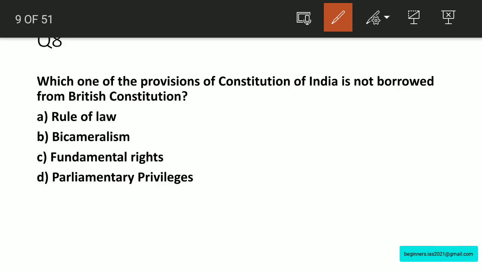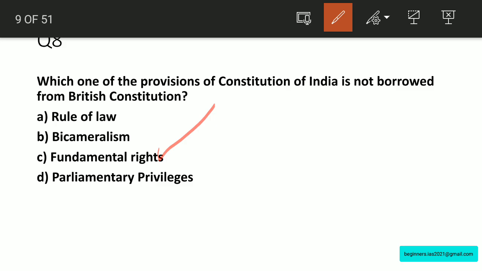Which of the provisions of the Constitution of India is not borrowed from the British Constitution? See, it is a straightforward answer, that is fundamental rights. Why? Fundamental rights are borrowed from the American Constitution. The remaining things, the rule of law, bicameralism, parliamentary privileges were all borrowed from the British Constitution, whereas fundamental rights are inspired from the American Constitution.